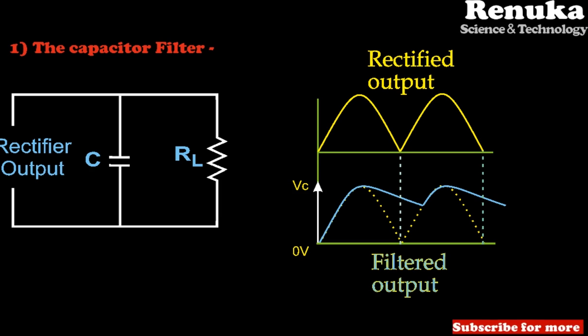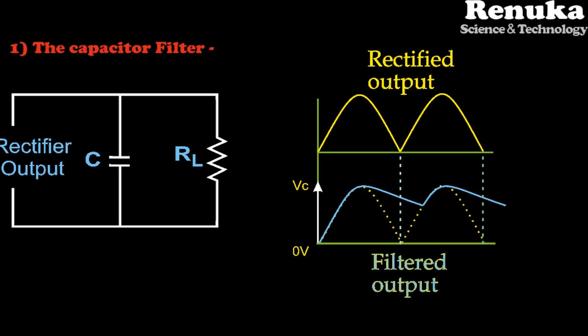At that time the capacitor also starts discharging, but the capacitor used here has higher capacitance. That means in this case we have taken 1000 microfarad of capacitor. So here the discharging period of the capacitor is much higher. The discharging time constant is much greater than the time period of the output signal.